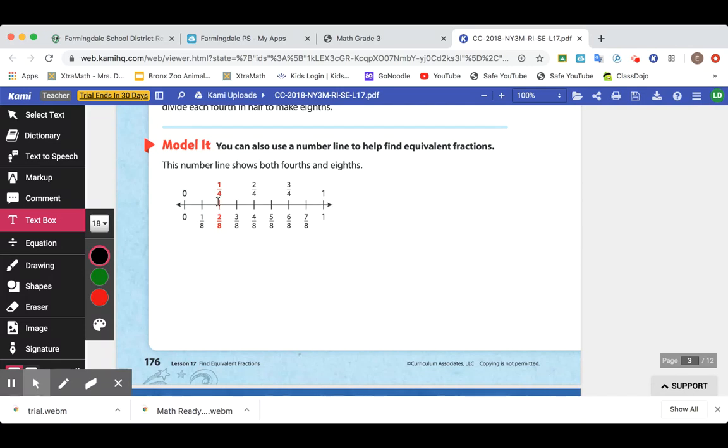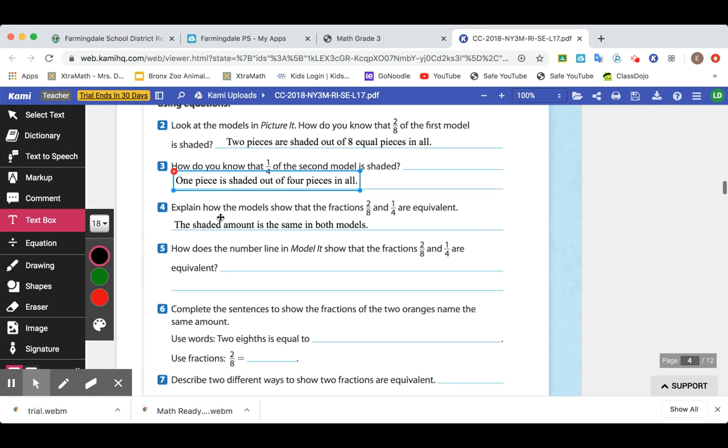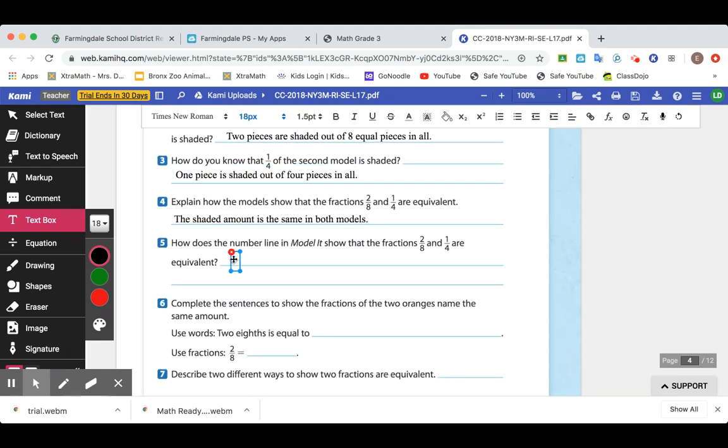So that's the way it's showing that their amount is the same point on the number line. So let's say that both fractions are at the same point on the number line, so they are equal.